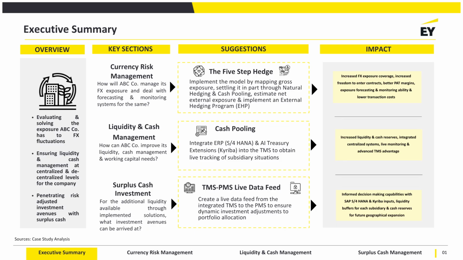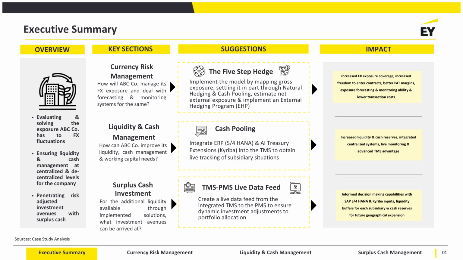And lastly, for the surplus cash investment section, we talk about how to deploy the excess liquidity created from our various implemented solutions in a manner that takes into account both our risk appetite as well as the various regulations that we have to cater to.